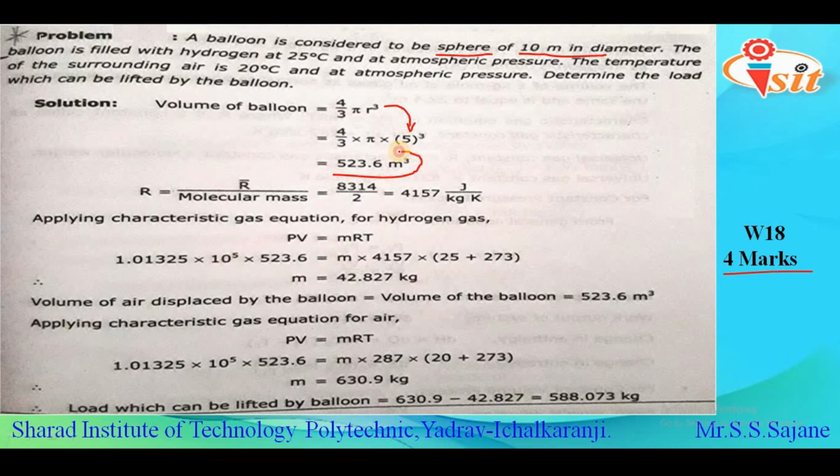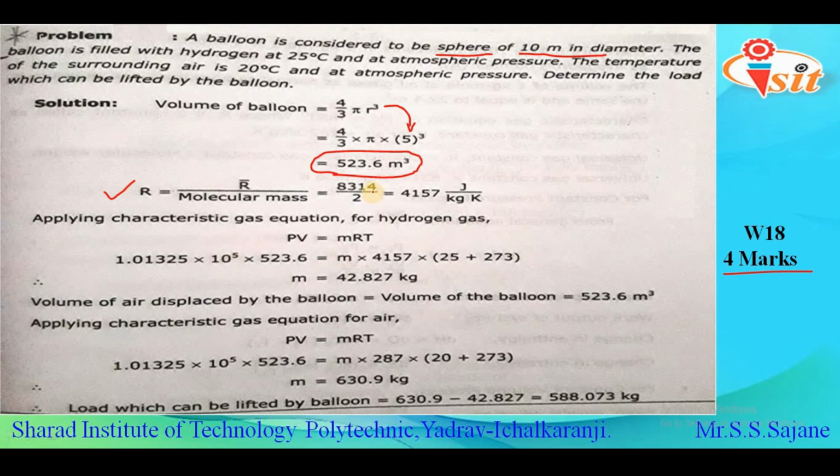Now after determining the volume of the balloon, we will determine the value of the characteristic gas constant. Again we will use the relation between the universal gas constant and the characteristic gas constant to determine R. This value of R will be equal to 8314 divided by 2.